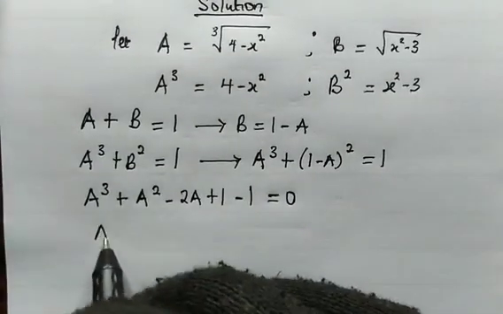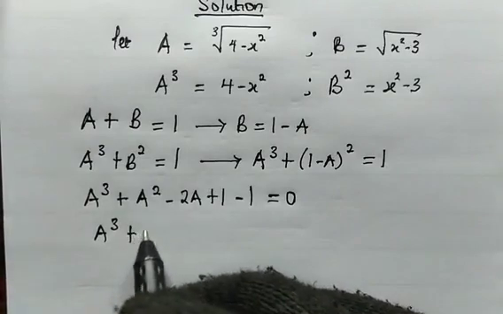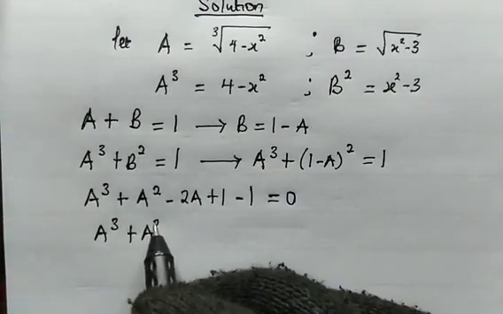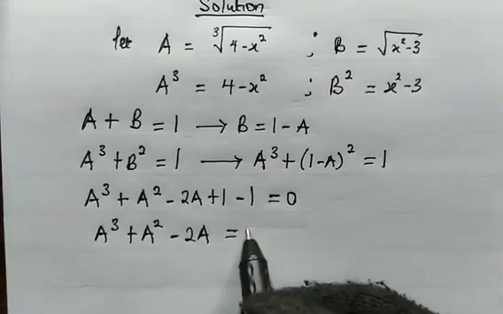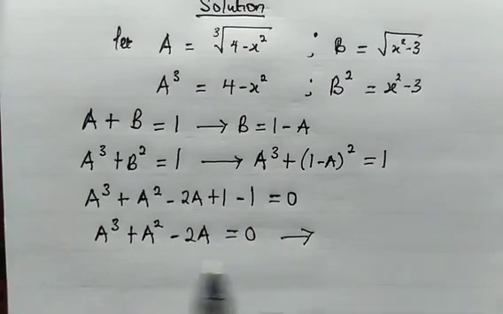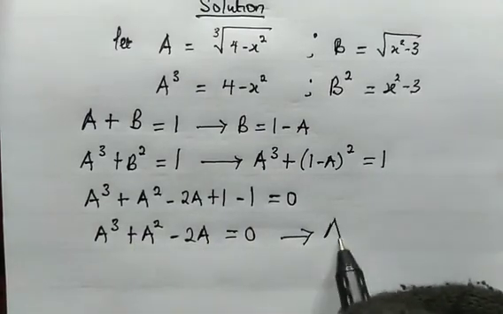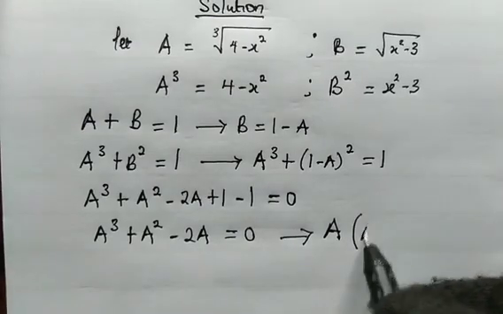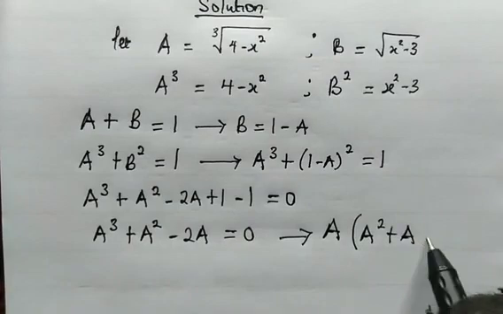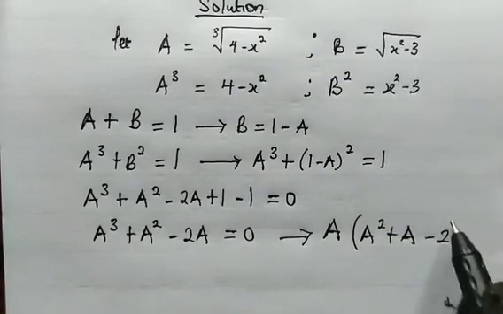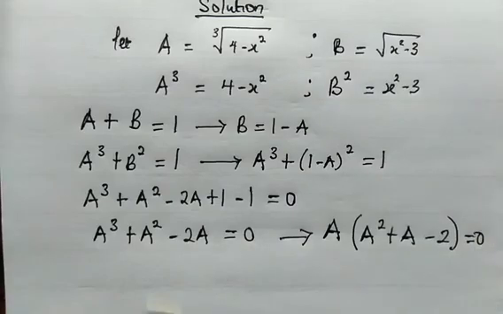So from here we have a cubed plus a squared, then minus 2a, which will be equal to 0, of which we can factor out a. If we factor out a, we are left with a squared plus a minus 2, then this will be equal to 0.